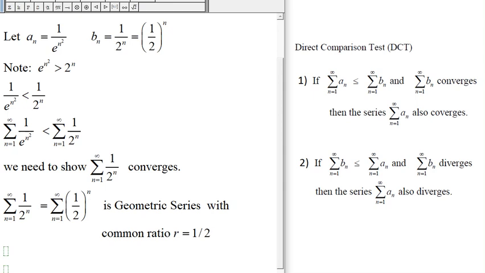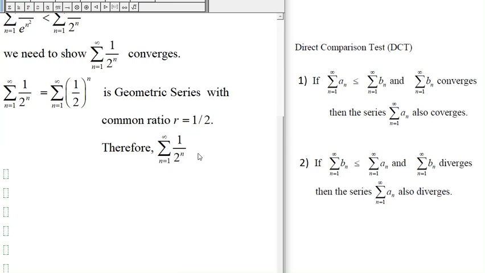And recall that for a geometric series, if the common ratio is between -1 and 1, then the series converges. So it converges by the geometric series test.